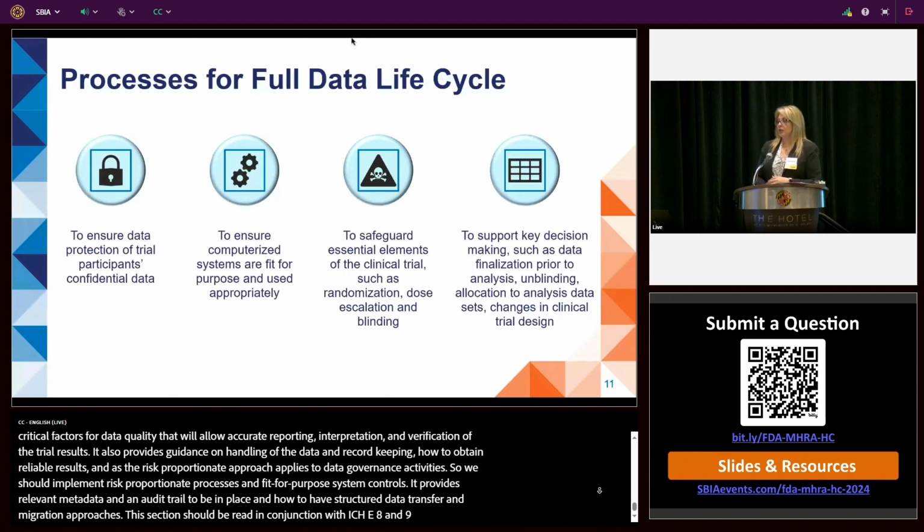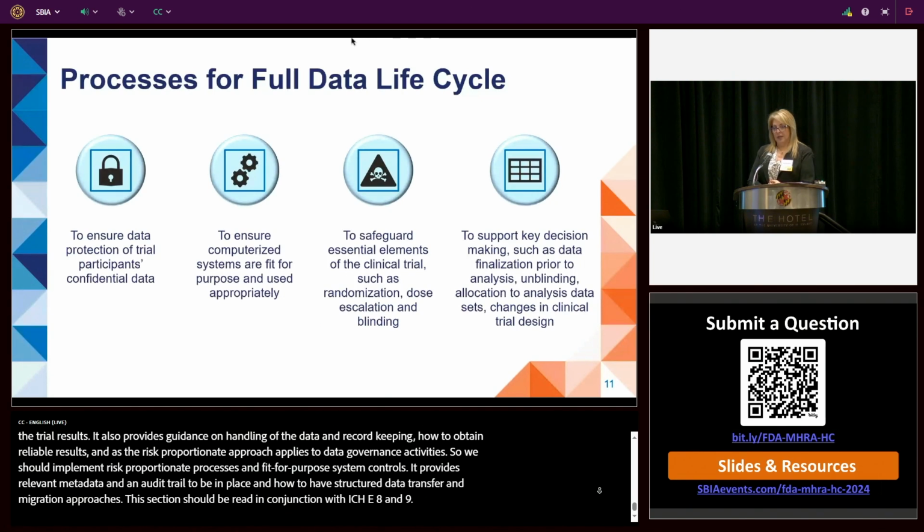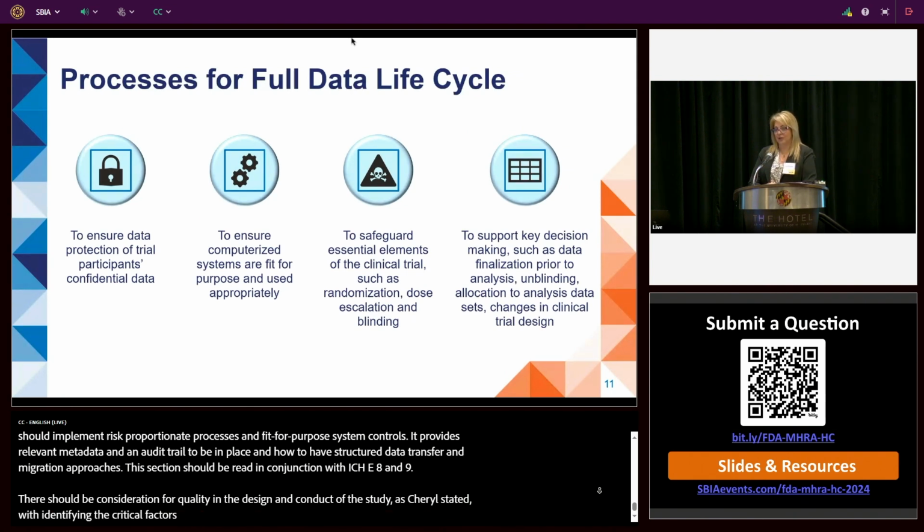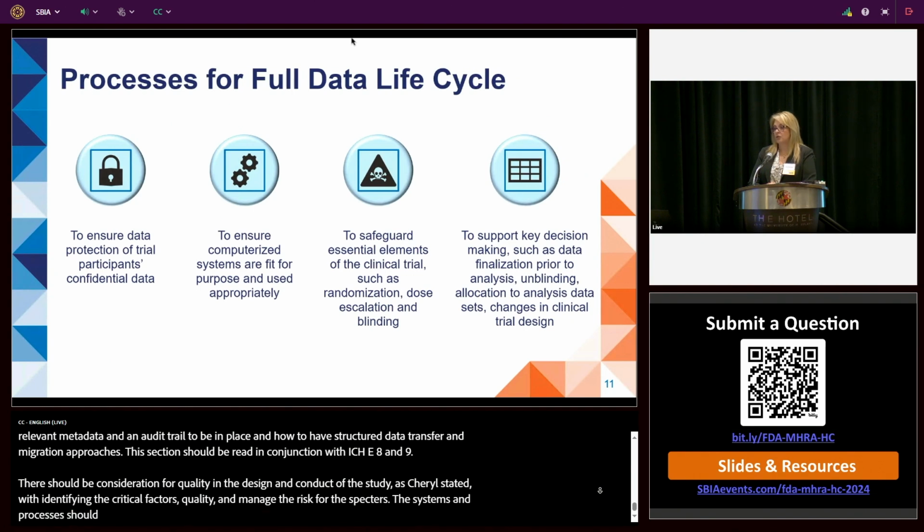There should be consideration for quality in the design and conduct of the study, as Cheryl stated, with identifying the critical factors to the quality and manage the risk for those factors. The systems and processes should be designed and implemented in a way that's proportionate to the risk to participants and reliability of the study data.